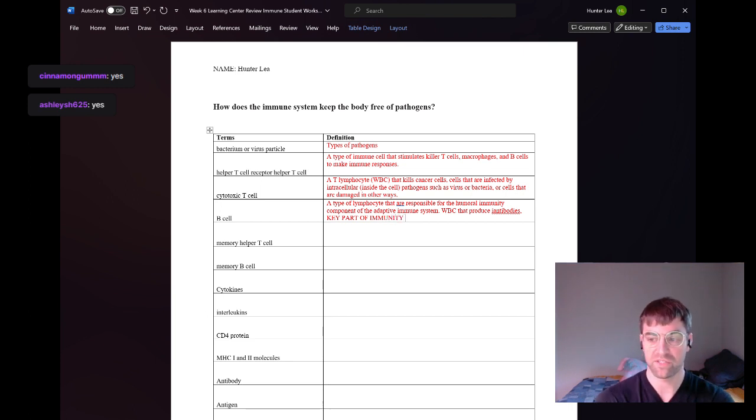The B cells are the ones responsible for producing antibodies, which are a real key feature of the adaptive immune system.